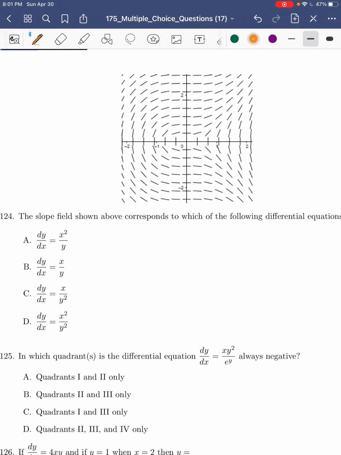So that doesn't help us much. Let's look at when it's positive 1, 1. At the point 1, 1, there should be a positive slope. Let's make sure all of our answer choices would give us that. And it looks like all of those pass that test.